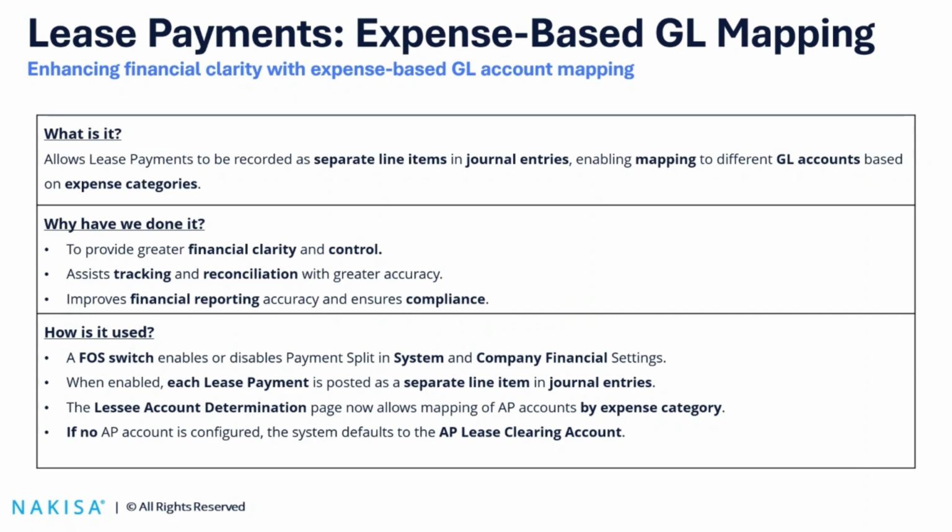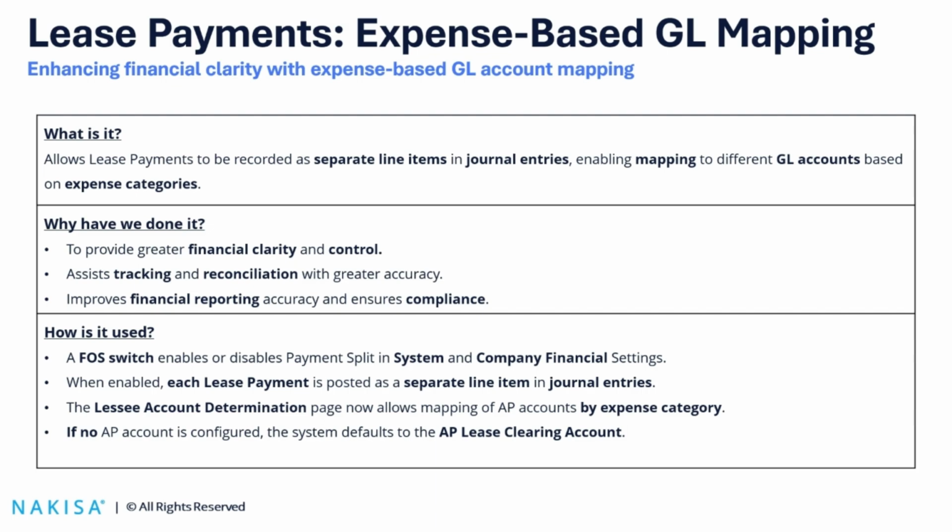Now we have lease payments by expense type. What does this mean? We now have the ability to split the lease payments in journal entries based on the different expense categories to different GL accounts. This will provide greater financial clarity and control. It also will support complex accounting scenarios where lease related expenses need to be allocated to multiple different GL ledger accounts.